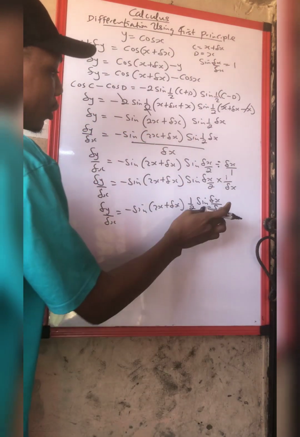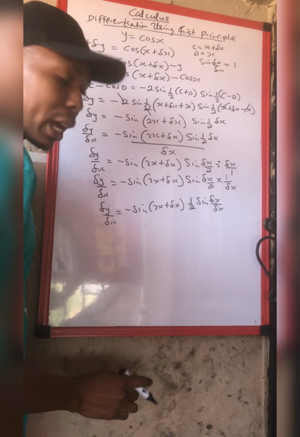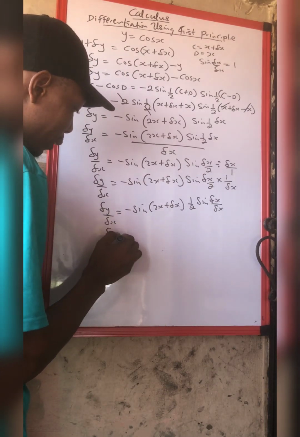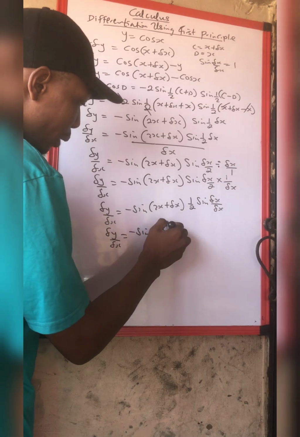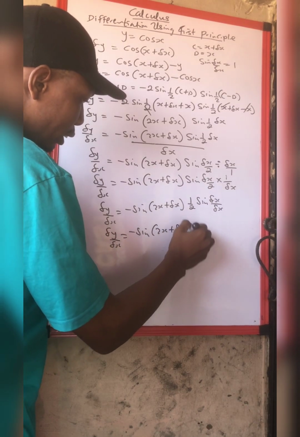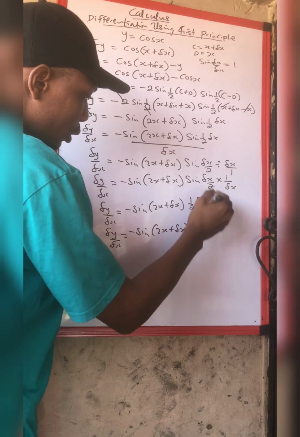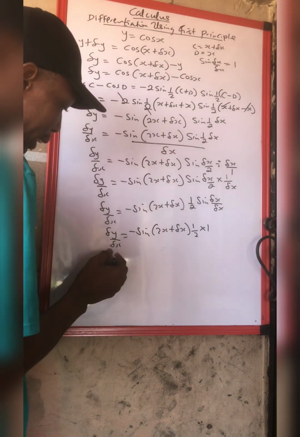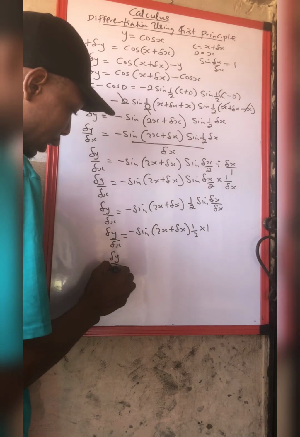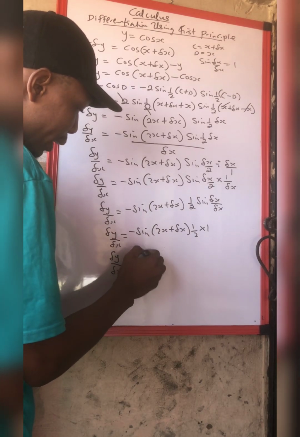So you can replace everything here with 1. So it becomes change in y over change in x equals minus sin(2x plus change in x), then 1 over 2, times 1.